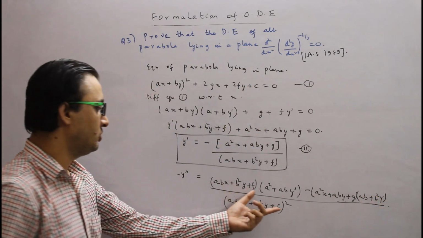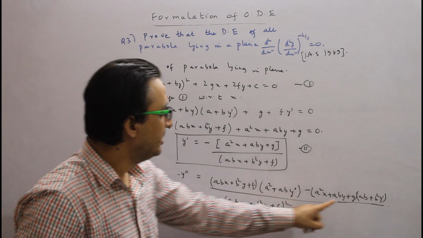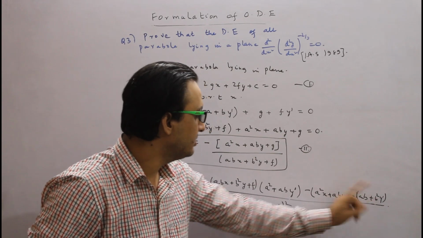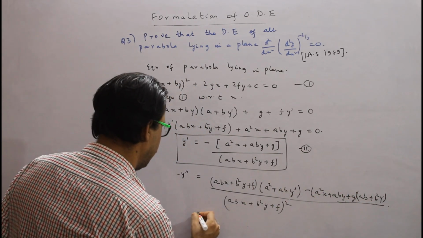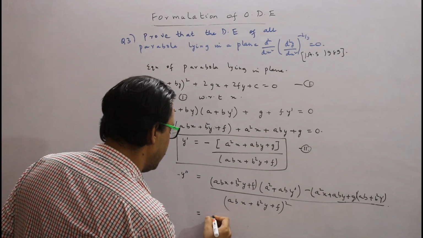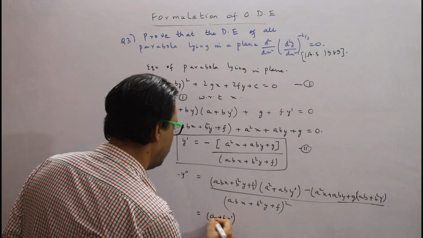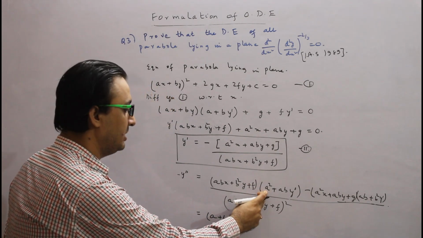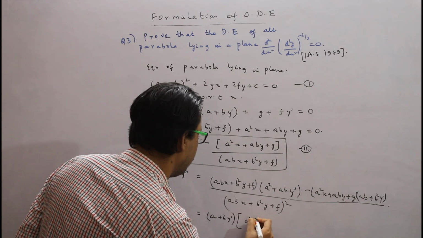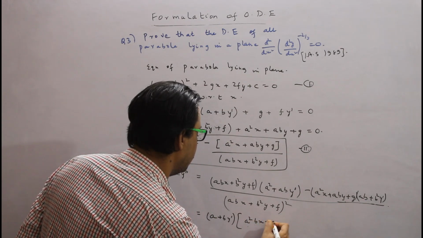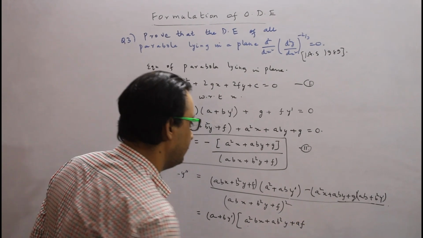So this seems to be a lengthy equation, but (a plus b y dash) is common, so we can take that outside. The only thing that remains is a, so I multiply the whole with a. So this becomes a square b x plus ab square y plus af.